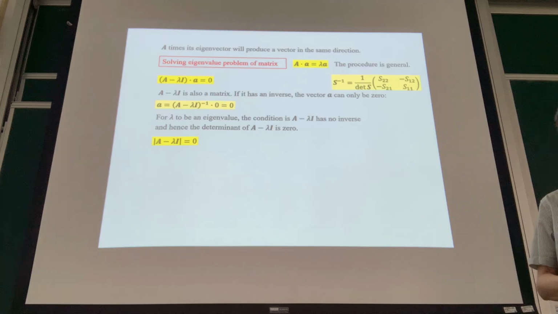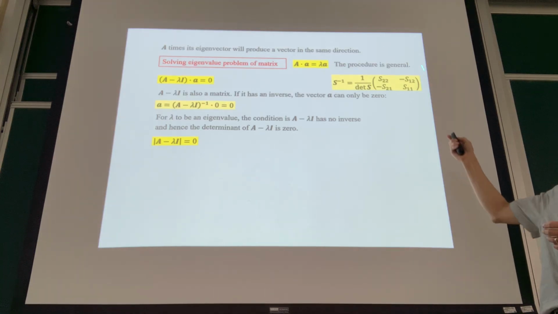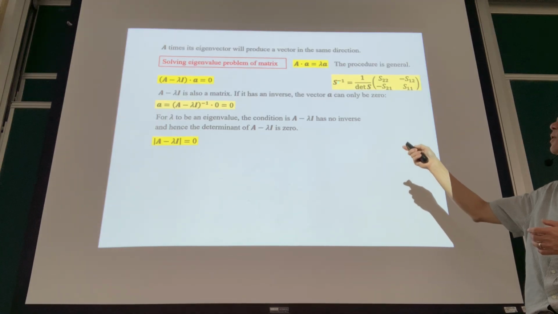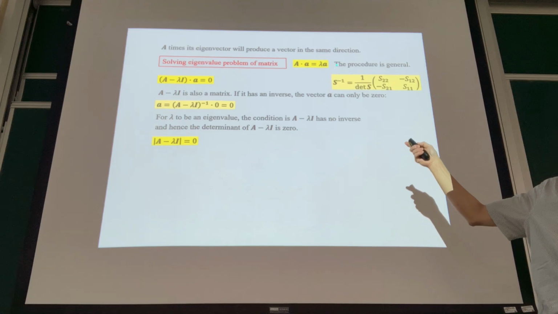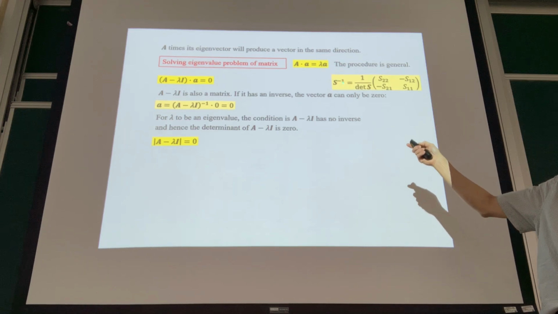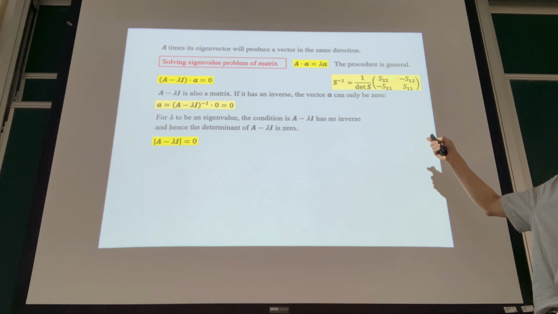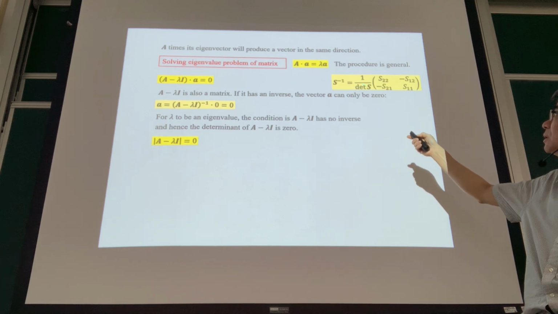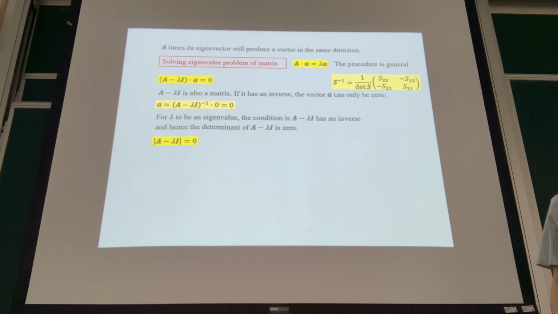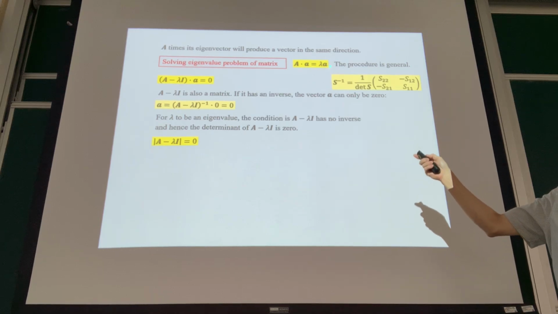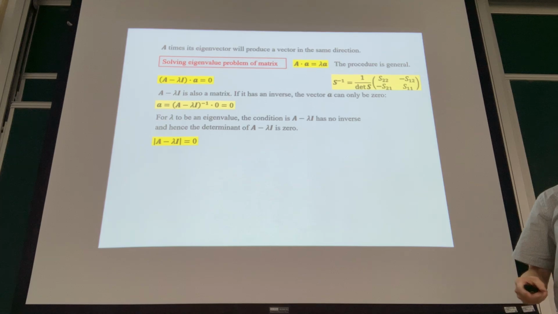The reason is simple, because there is a very famous formula for the inverse matrix. You can check it from Wikipedia. The inverse of a matrix is equal to da da da da. I don't care, but it is divided by the determinant. So for this to not exist, the only possibility is that the determinant equals 0.